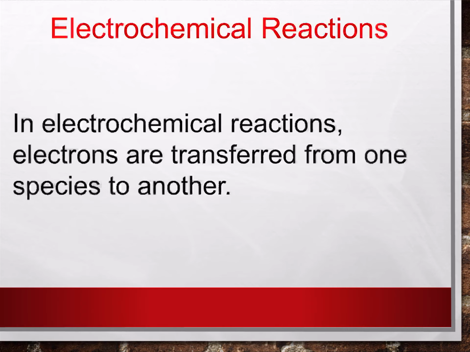So a little bit of review just to remind us all what redox reactions are. Redox reactions are electrochemical reactions, and the electrons are being transferred from one species to another, oftentimes from one metal to a different metal. And this is done in solution.